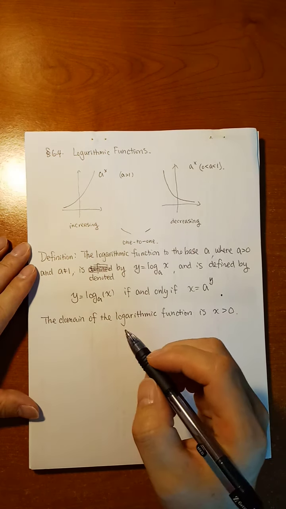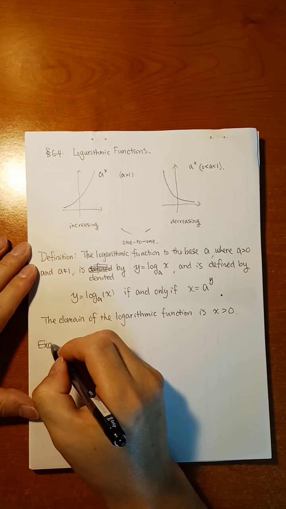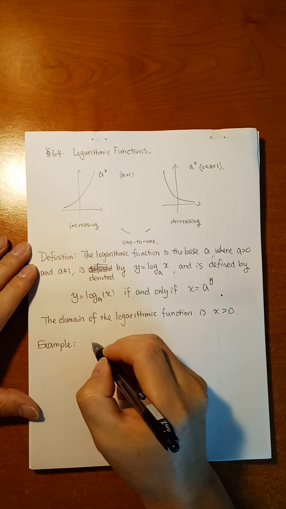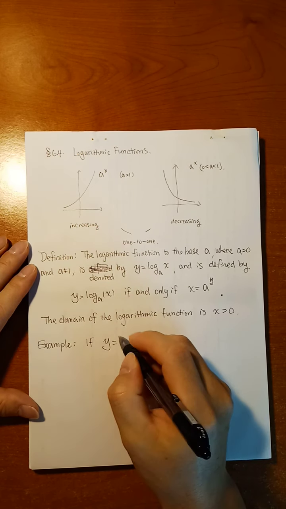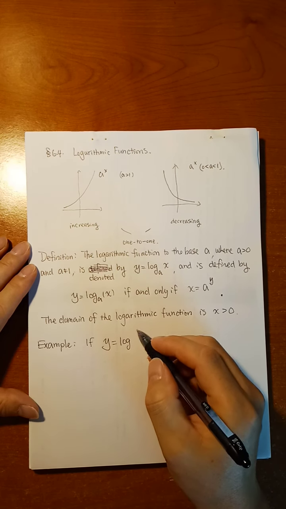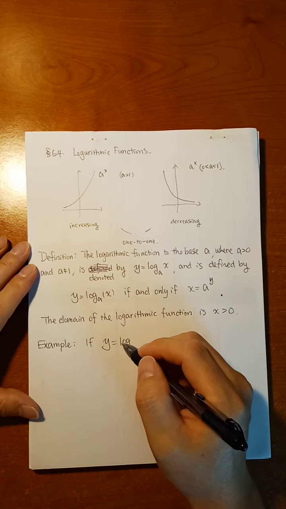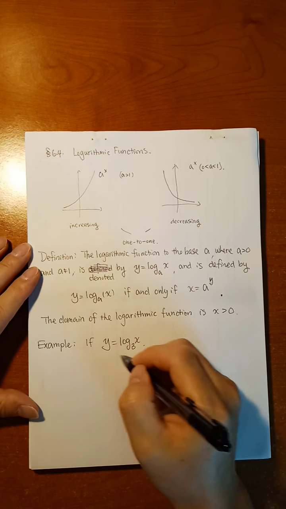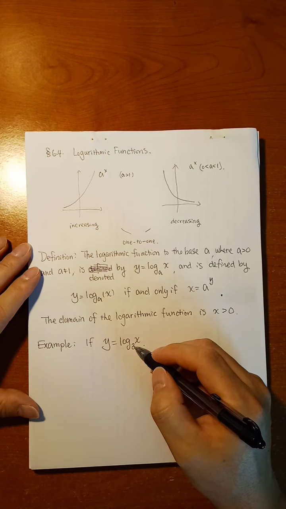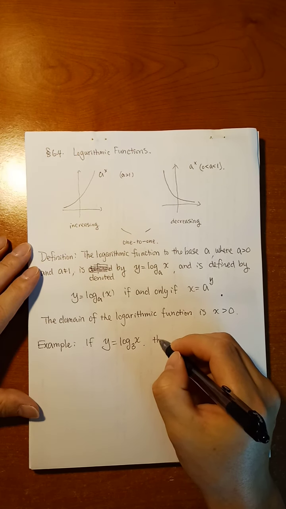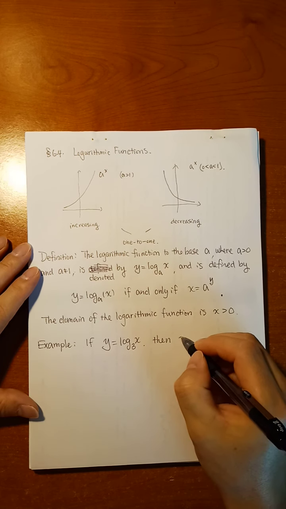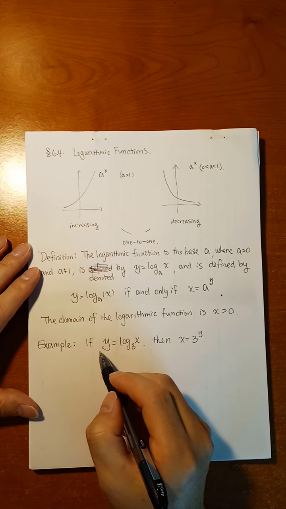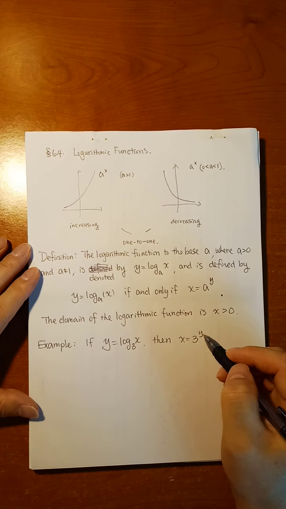For example, if you have y is the logarithm to the base 3 of x, then it means x is 3 to the y. You move this base 3 to the left side, and you lift y to the exponent.